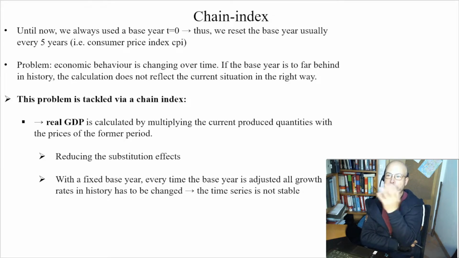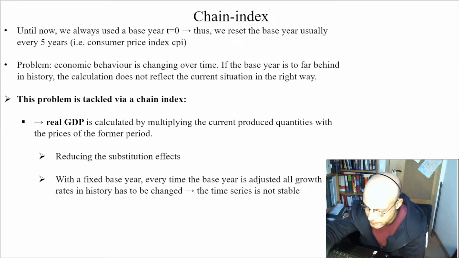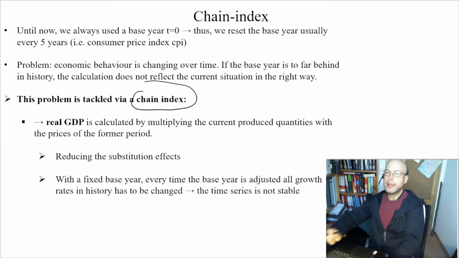And therefore, roughly 20 years ago, we changed our concept that we started to calculate, especially for GDP, always the today quantities with the prices of the former year. And this means then that we are creating a so-called chain index.